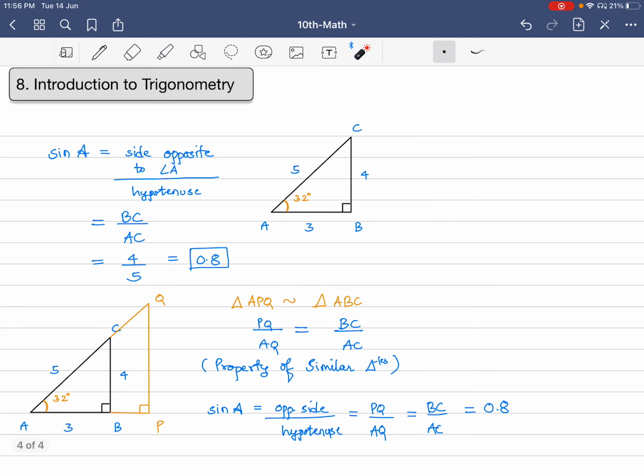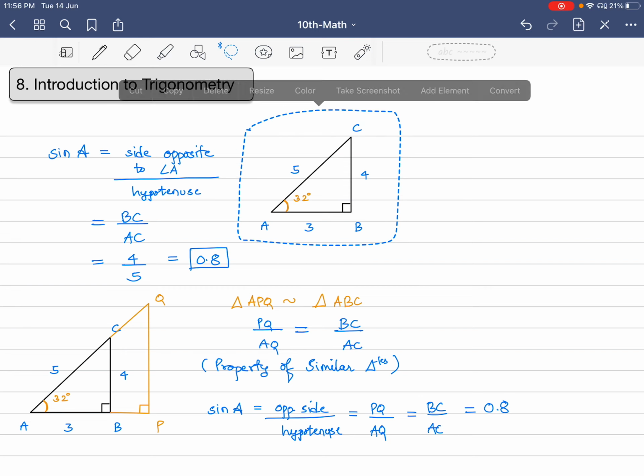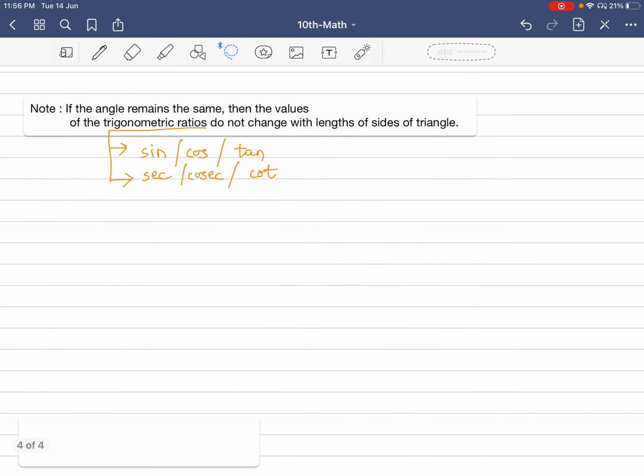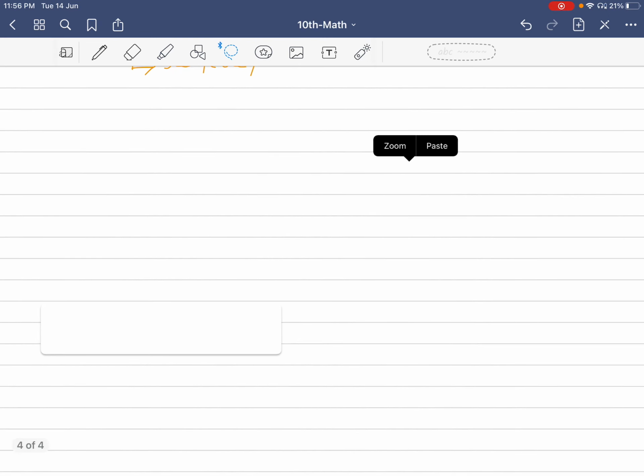For the second property, again I'm going to need this triangle. Just create a copy, and let's paste it here.